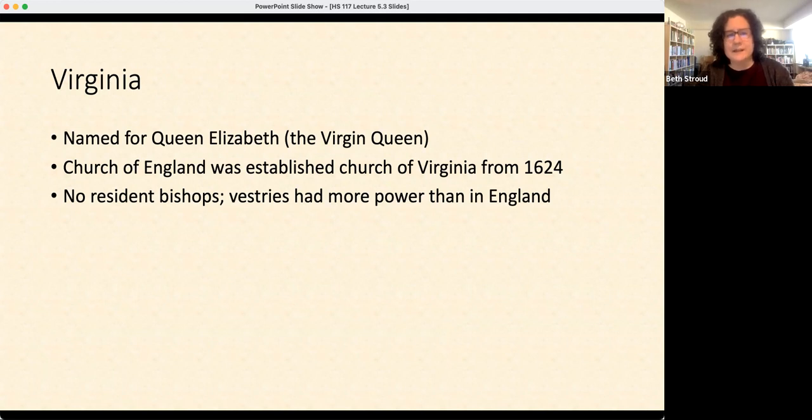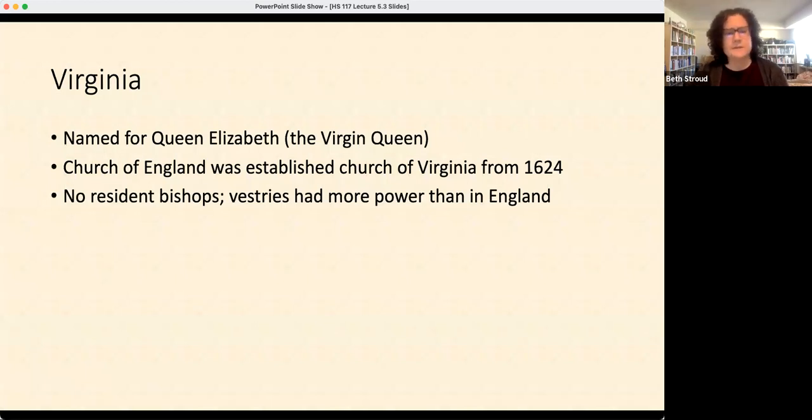The Church of England was the established Church of Virginia from 1624, and there was diversity of religion, but Virginia remained much, much more Anglican in character than New England ever was.